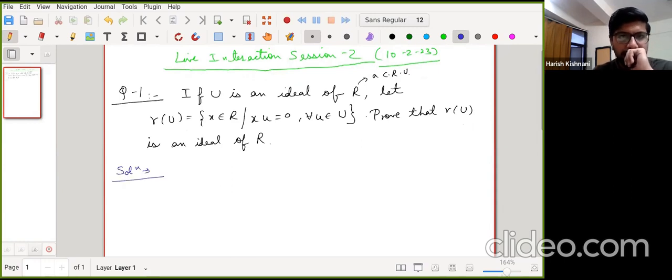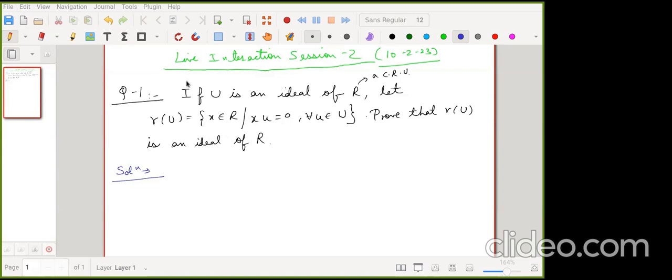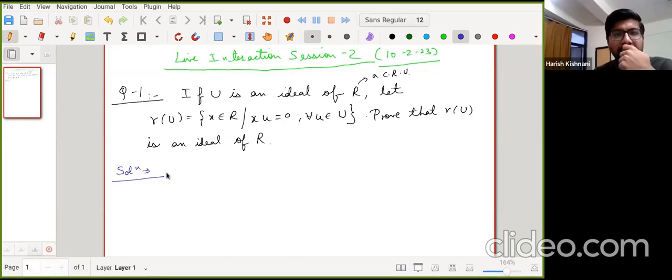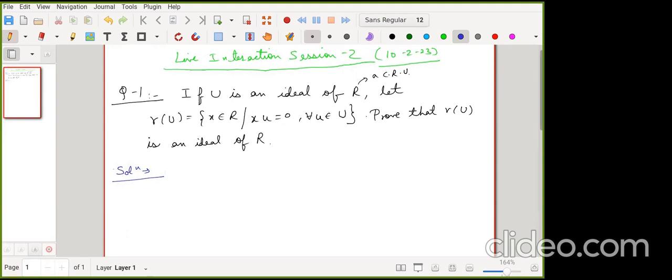Anyone? First, let us prove it is non-empty. For non-empty, what element do you have in mind? The first element, 0. Yes, 0 is there.